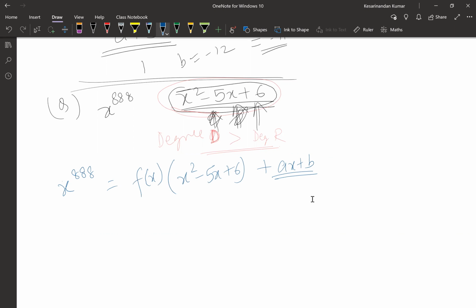Now, can I split this into x minus 2 and x minus 3? Is this part clear, everyone? Anybody any doubts till now as to how I got this? Okay. Now, if I put x is equal to 2 or x is equal to 3 here, this will become 0, right?